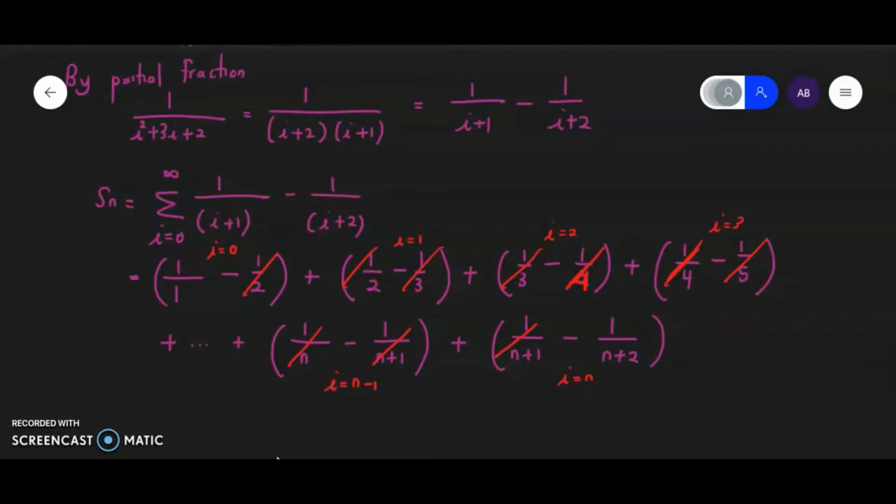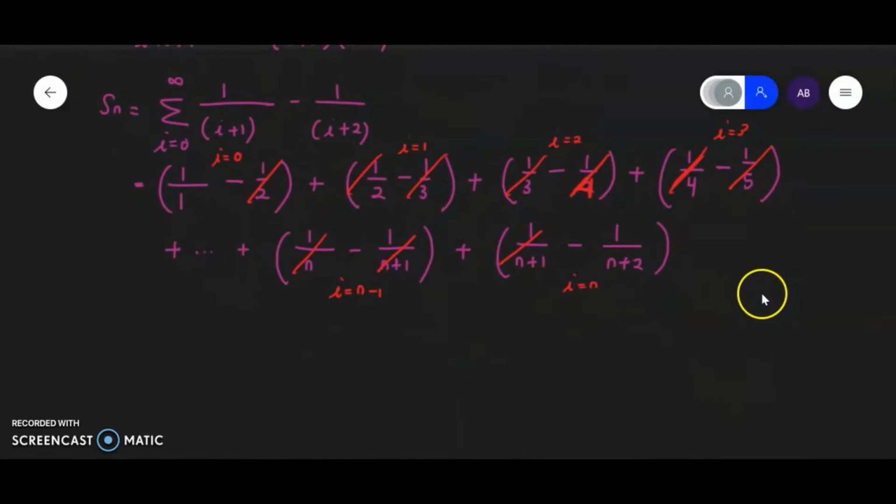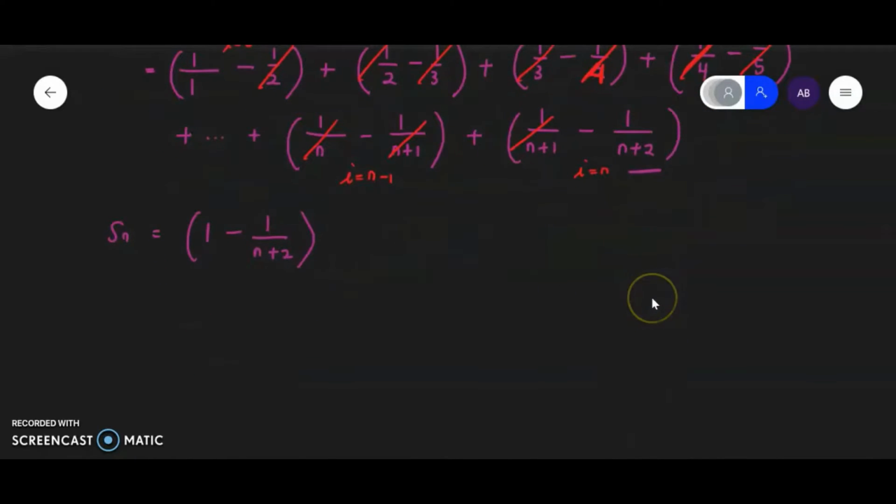Remember, this is a type of telescoping series. A telescoping series will give you the first term and the last term. So this is my Sn. Now I can apply the limit.